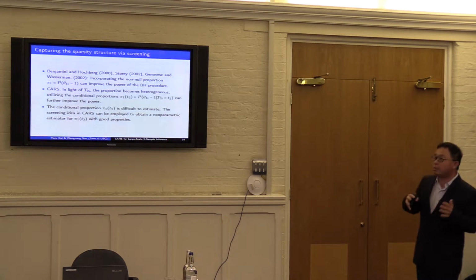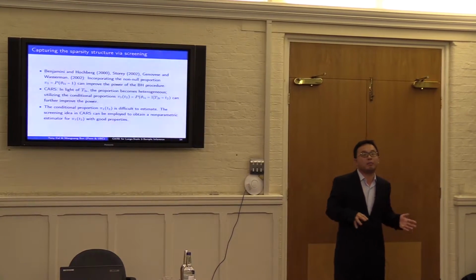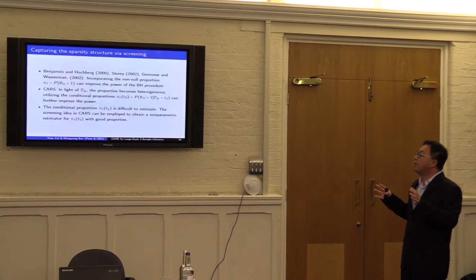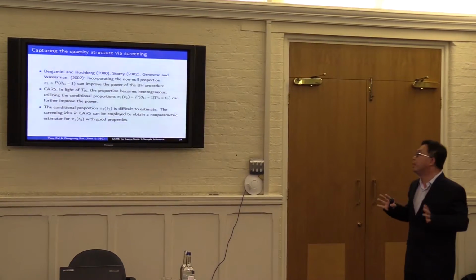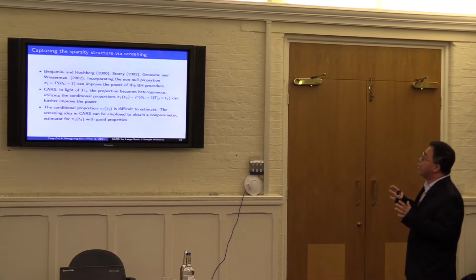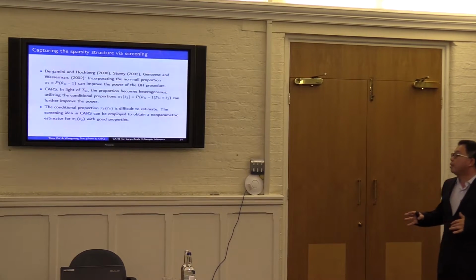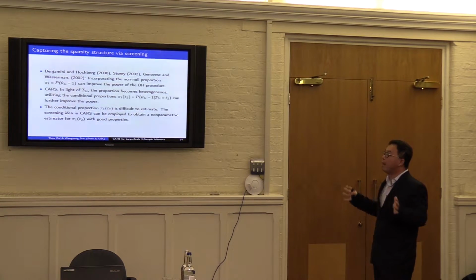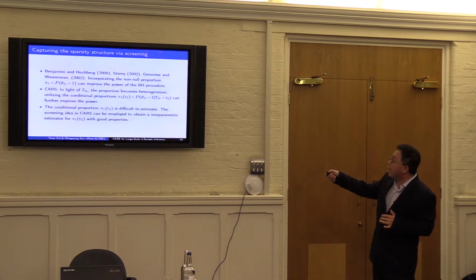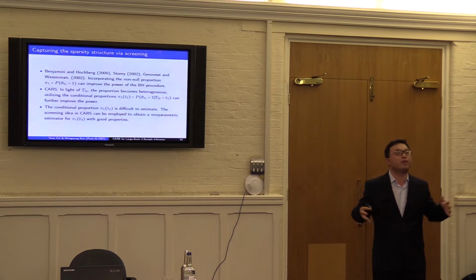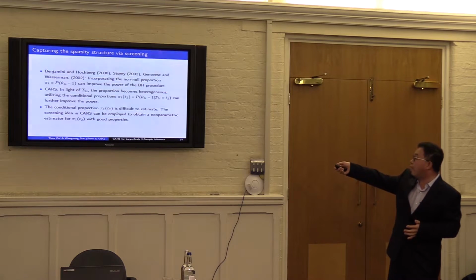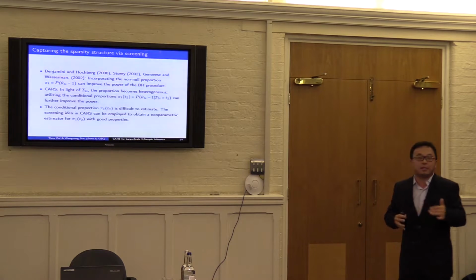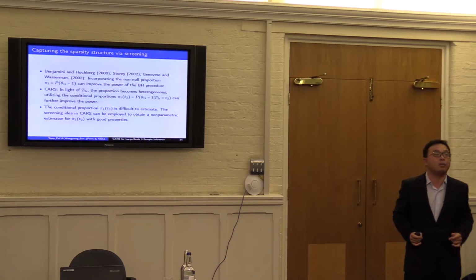Our work is along that line and pushes further to incorporate more useful structural information in the analysis. We argue that in light of the auxiliary sequence, the proportion becomes heterogeneous. And if you have heterogeneous proportions, then you can utilize more refined information to further improve existing methods that only incorporated the global proportion. So this is the connection to existing works.